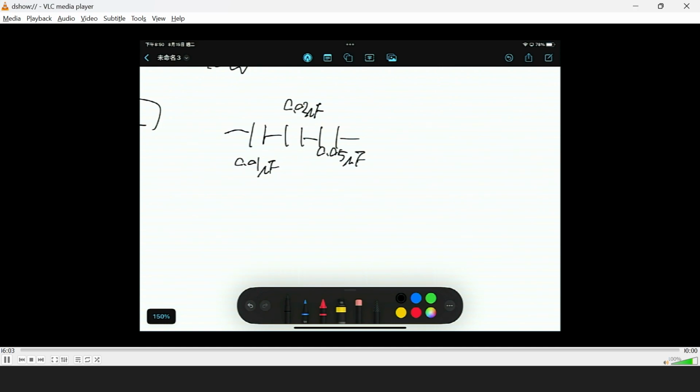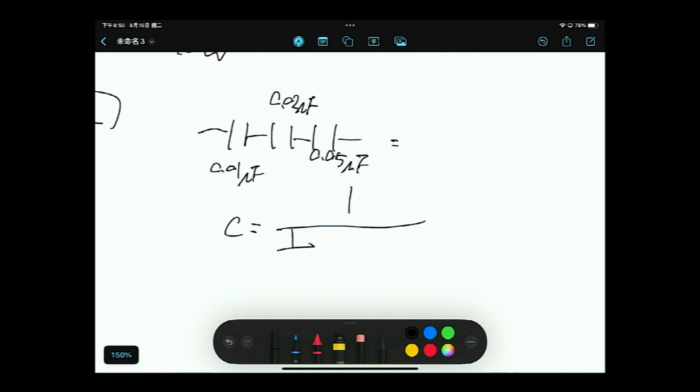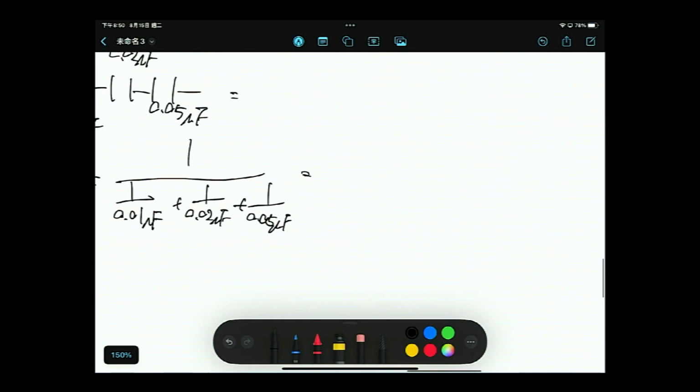We have a circuit like this, right? So actually, you know how to calculate it. The C becomes 1 over 0.01 mu F plus 1 over 0.02 mu F plus 1 over 0.05 mu F. And remember that mu is 10 to the power negative 6, so you have to make a change.